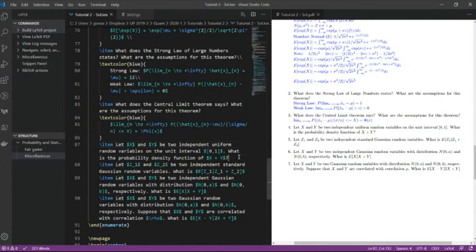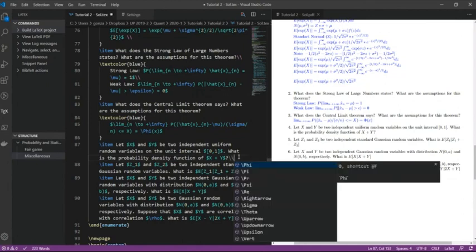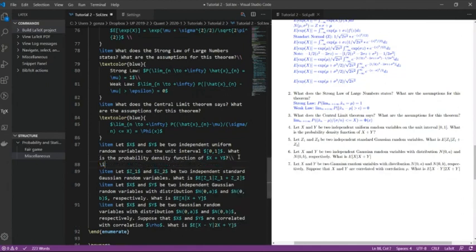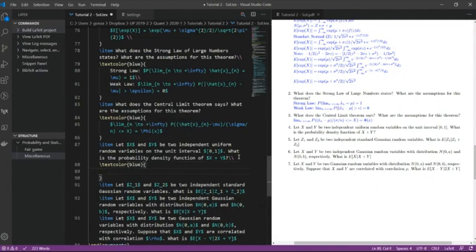Okay, so let's start this out. Okay, so we have something that we need to calculate. Let's call it w. That's x plus y.